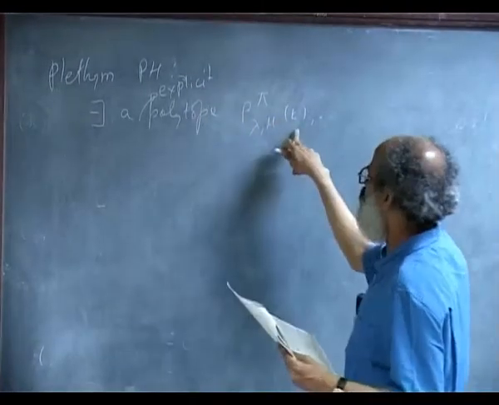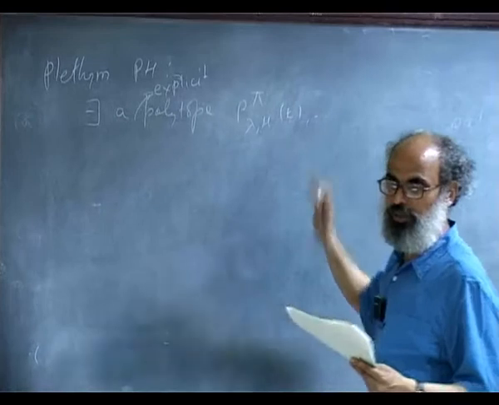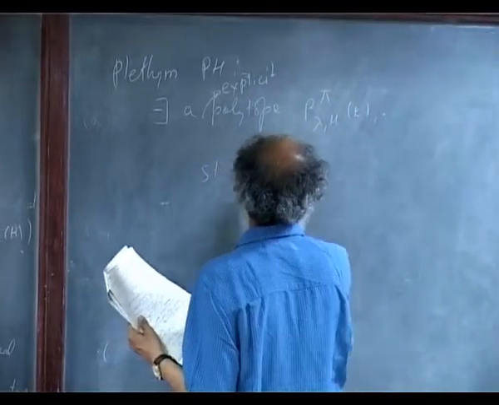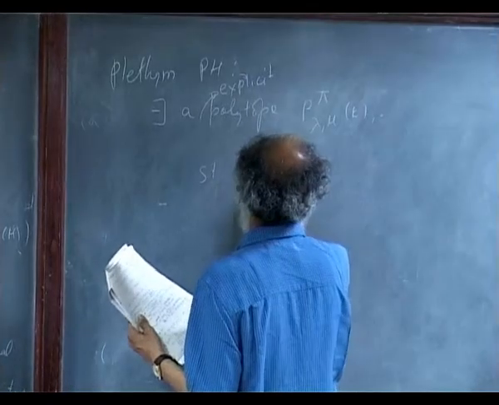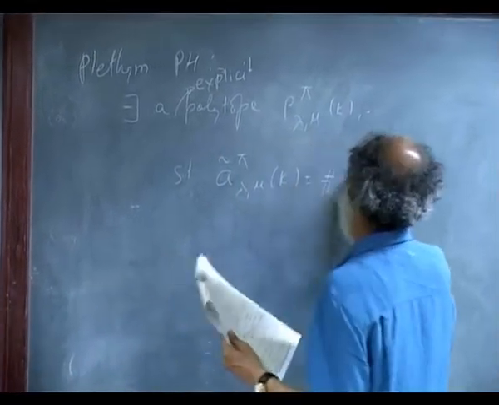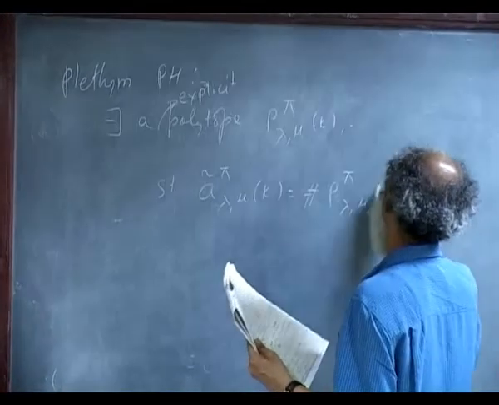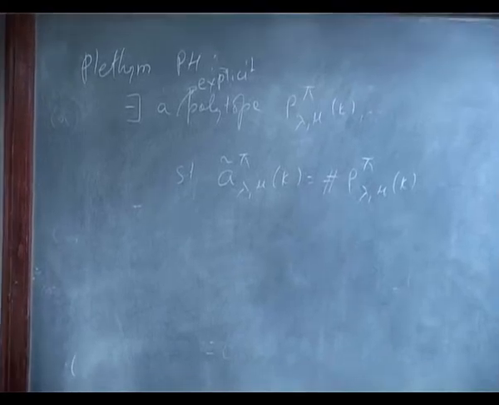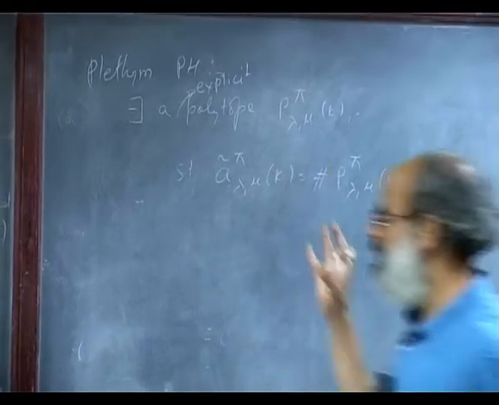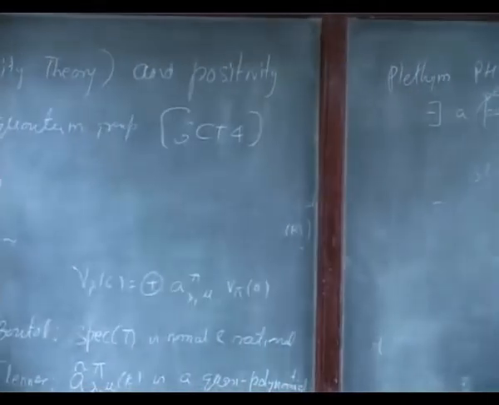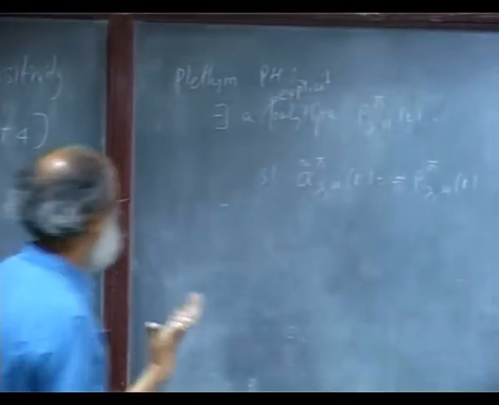Explicit means the membership problem can be done in polynomial time, as before, such that A pi lambda mu k is the number of integer points inside this polytope, just like in the Littlewood-Richardson case. So, there is a set of polytopes such that this Plethysm constant is just the number of integer points inside that. So, this is the polyhedral version of the Littlewood-Richardson case.